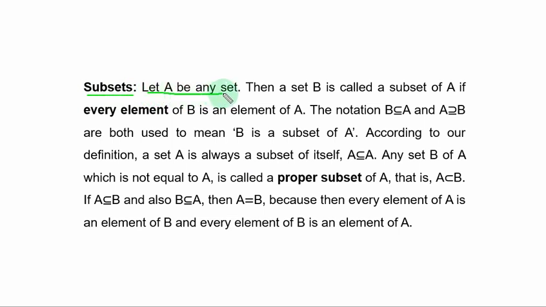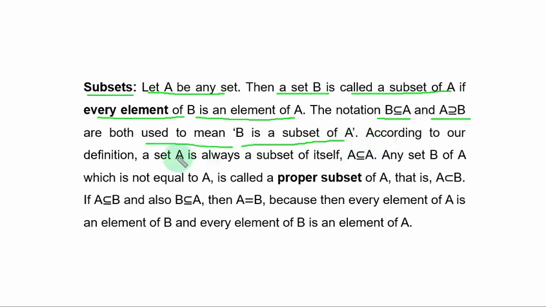Let A be any set, then a set B is called a subset of A if every element of B is an element of A. If every element of B is found in set A, then B is a subset of A. The notation this and this are both used to mean B is a subset of A.